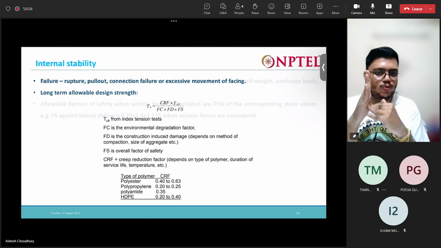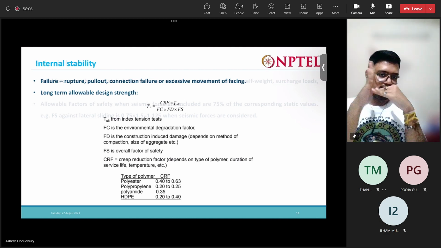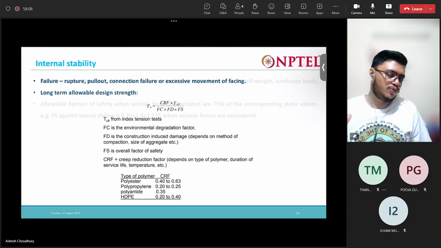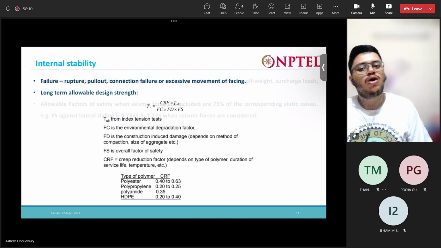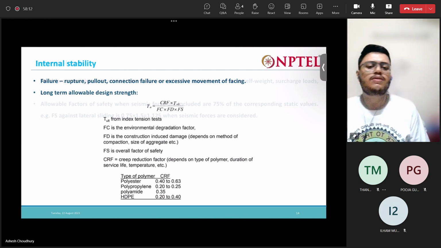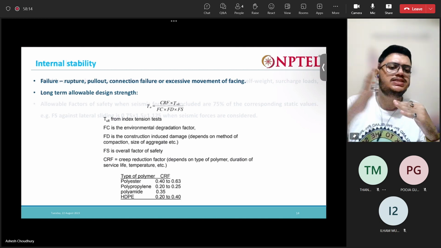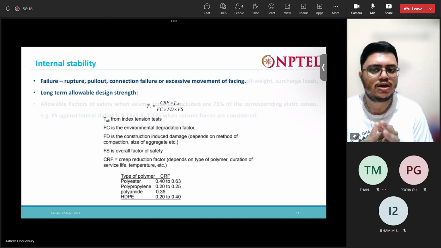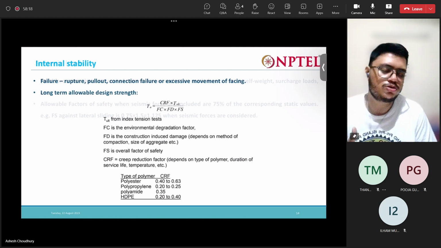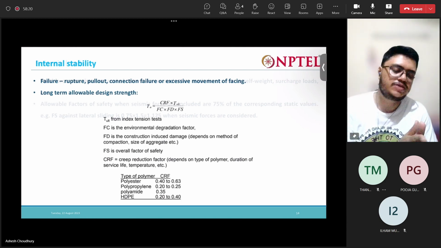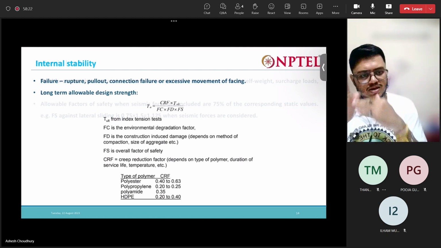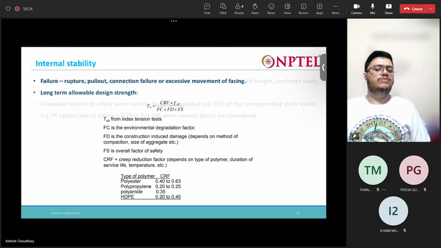This connection might break, or the other case might be that there is excessive movement of the facing. In both cases, in case of excessive movement of the facing or complete failure of the connection, we consider that the structure has failed.